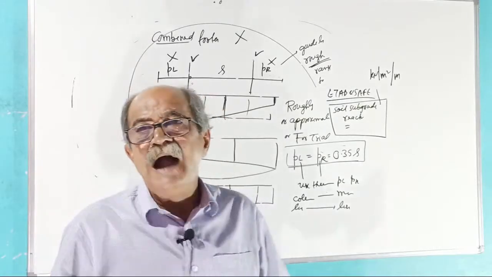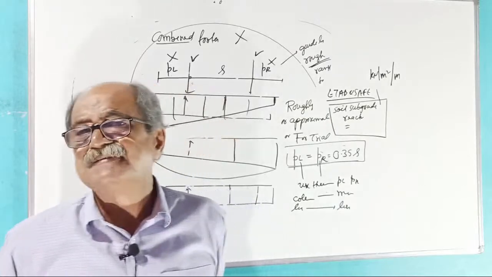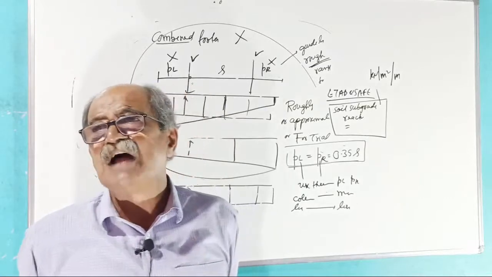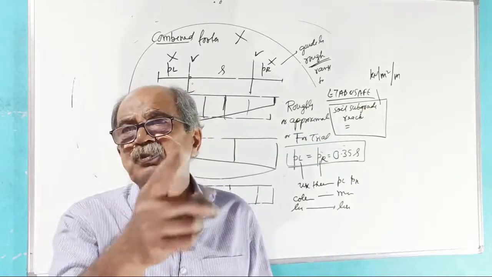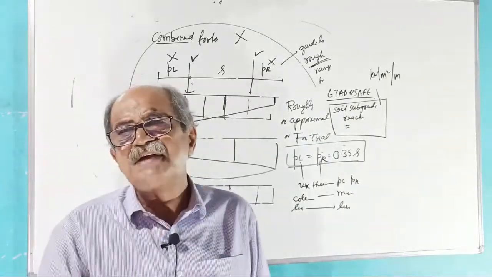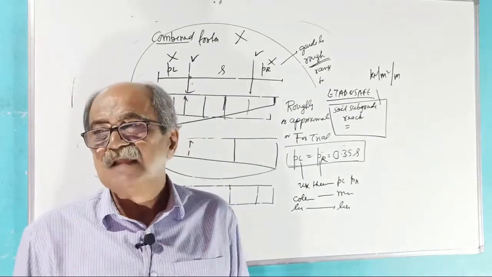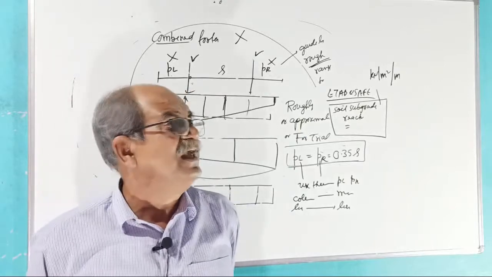So what pressure we manually calculate, P by A plus or minus M1 by Z1 plus or minus M2 by Z2, that also it will do. But our value and software value will vary slightly, not too much variation. Slightly it will vary because we don't consider settlement of soil here.